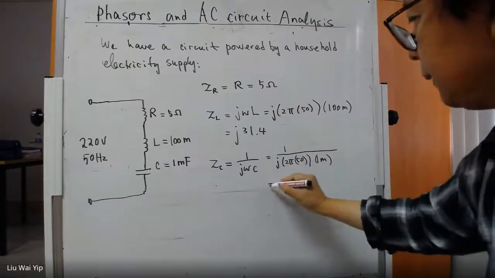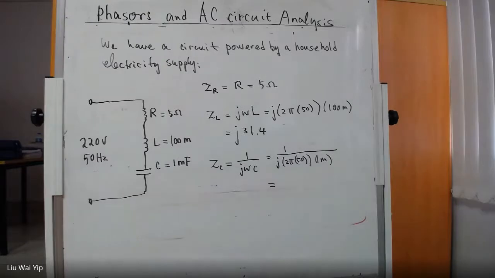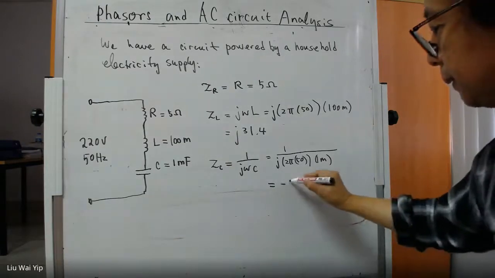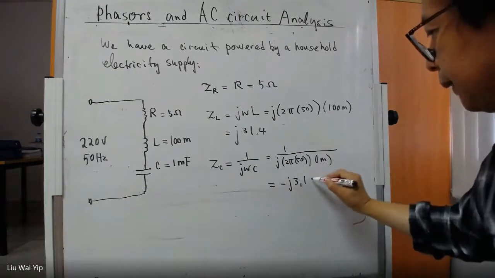And the value is going to be minus j3.18.